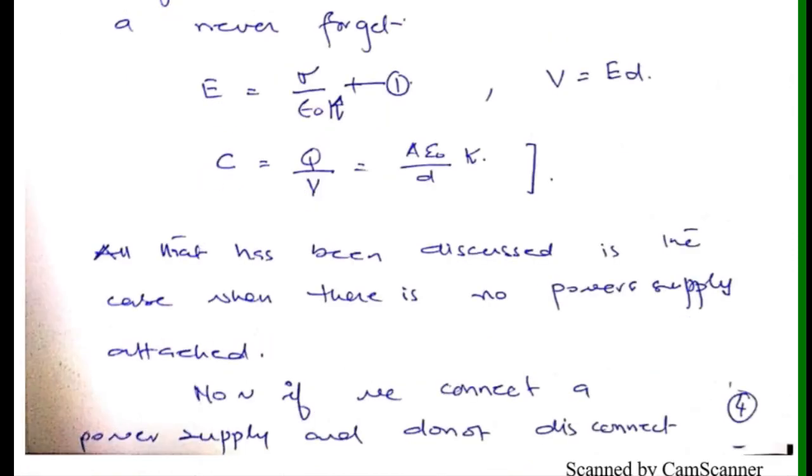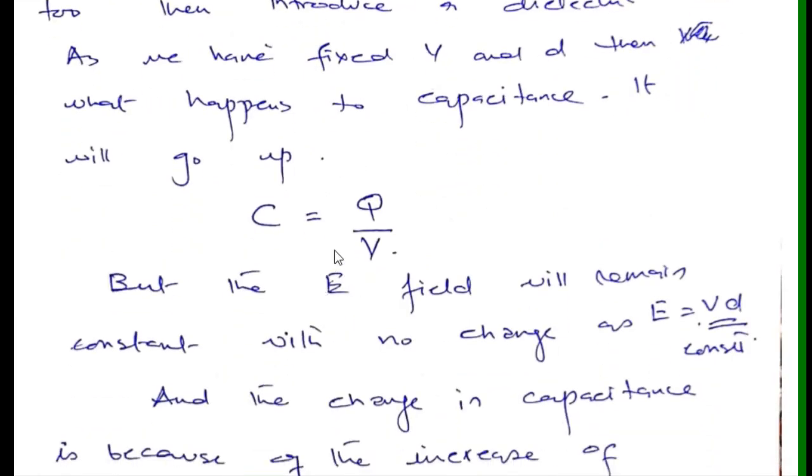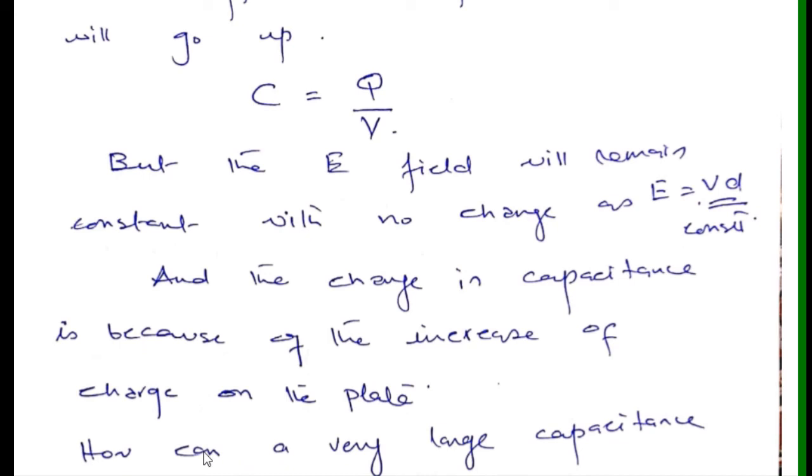So now what actually happens to the capacitance is, again we have C equal to Q over V. We know that E is equal to V over d. So if E remains constant, it means that there is no change in E. So E is equal to V over d, and if E is constant, then V over d is constant, as we are not changing the distance between the plates.